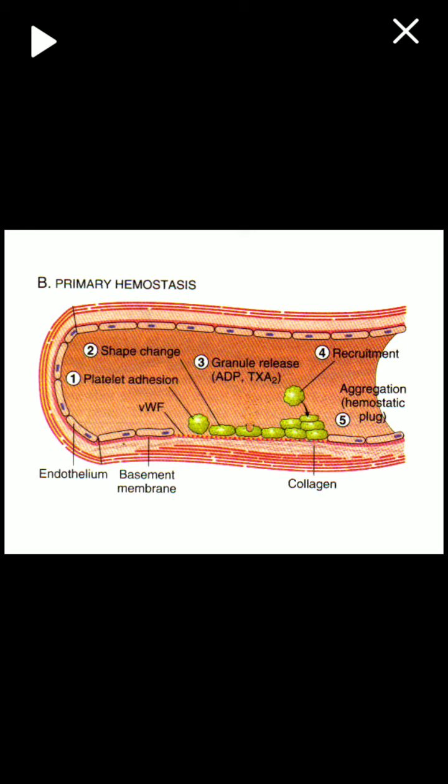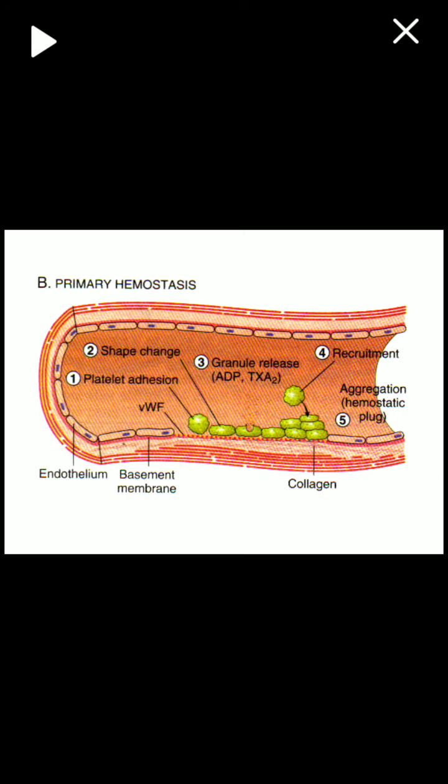They have come to the site of injury and adhere to each other. Then there is a shape change from round to oval, and they align themselves. Once there is a shape change, they release granules like ADP and thromboxane A2, and there is more recruitment of platelets, and finally there is formation of the hemostatic plug, which will stop the bleeding.